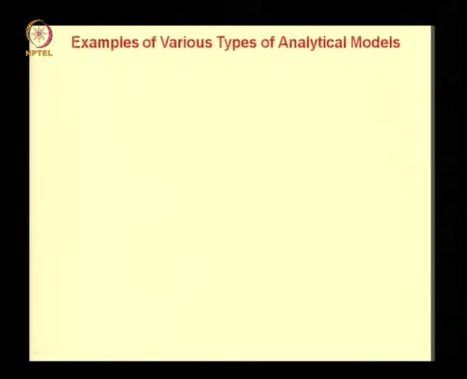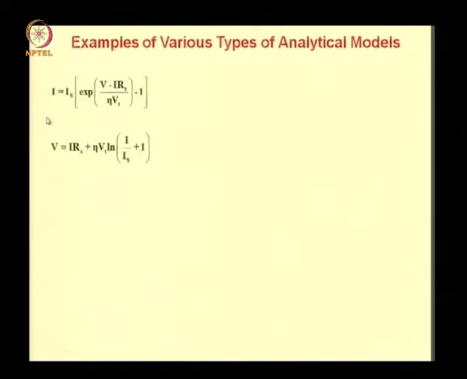Let us look at examples of various types of analytical models. Consider the model of a real diode: I equal to Is exponential of V minus I times series resistance divided by eta times the thermal voltage, minus 1. Same equation written in a different form with V on the left hand side and the current I on the right hand side.